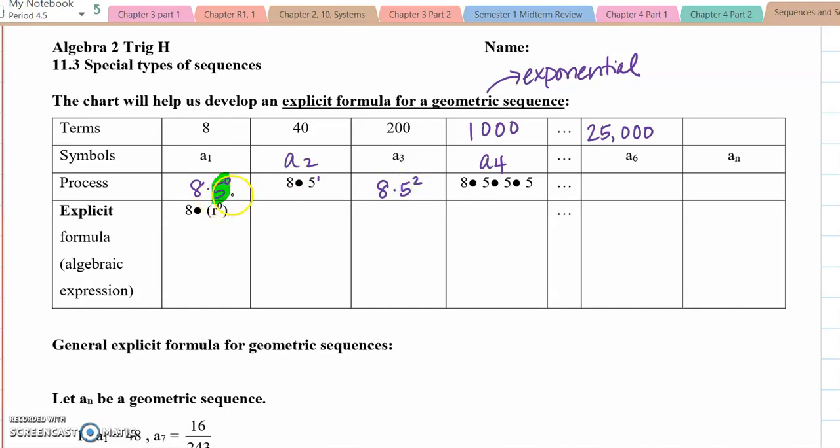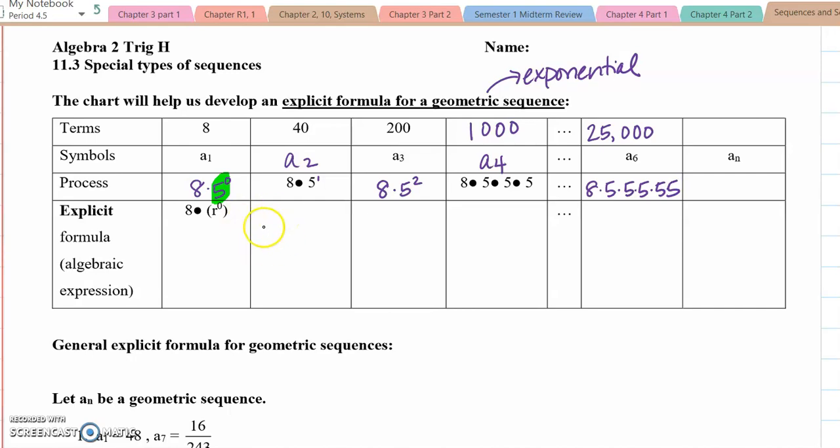You've multiplied by 5 two times to get you to 200. A sub 4 is 8 times 5 times 5 times 5. A sub 6 is 8 times 5 fives.